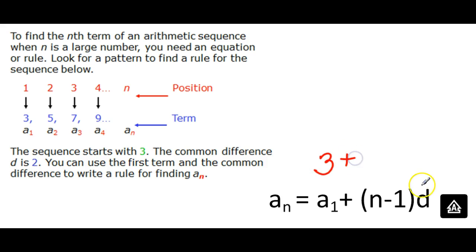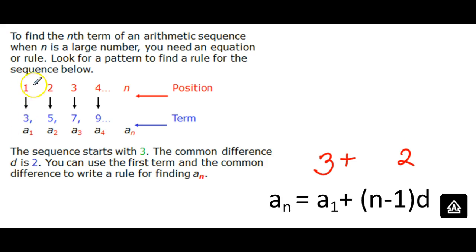We've got to find out what the common difference was. To go from 3 to 5, we added 2. 5 to 7 we added 2, 7 to 9 we added 2. So my common difference is 2. I'm going to add 2, but how many times do I do that? The first term, I didn't add anything to get to.